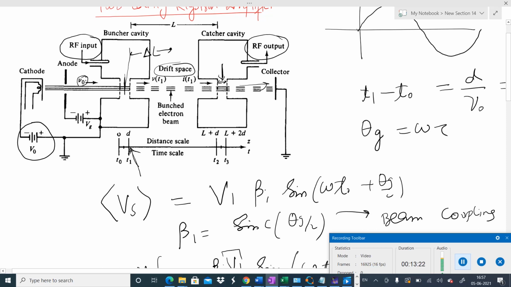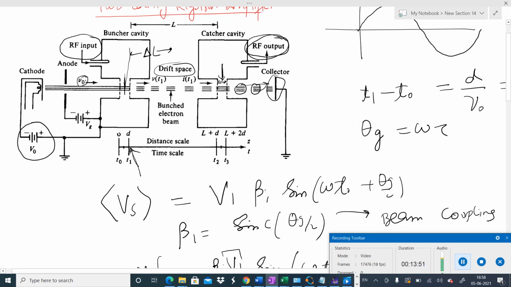Their kinetic energy is converted into potential energy, which increases the amplitude of oscillations inside the catcher cavity, because the total energy remains the same. Those electrons slow down, leave the catcher cavity, and are collected at the collector. That is the main logic here, to have the catcher cavity and the RF output.